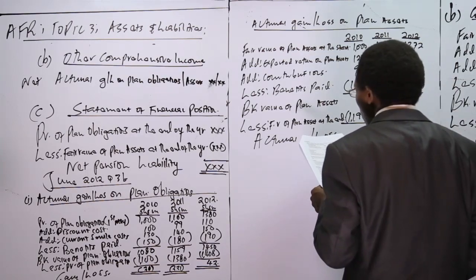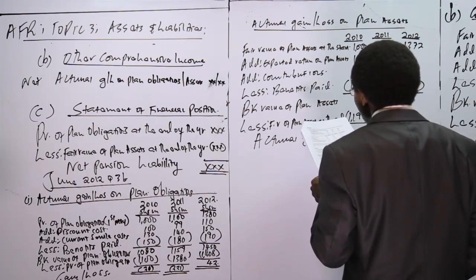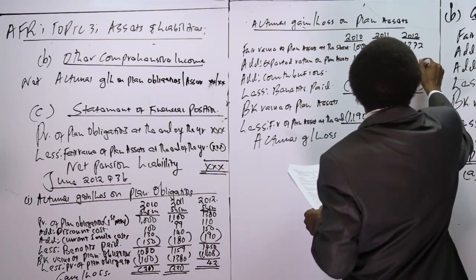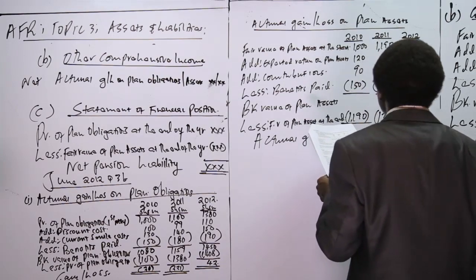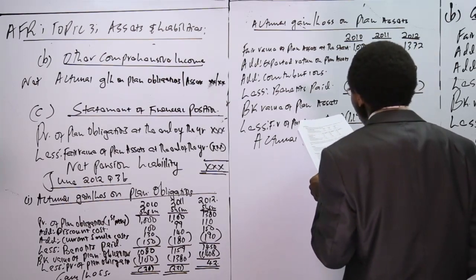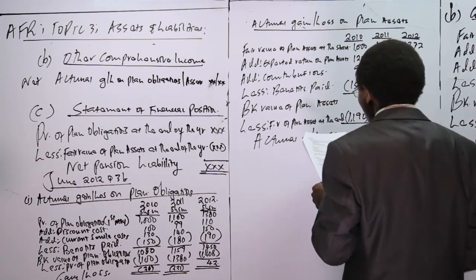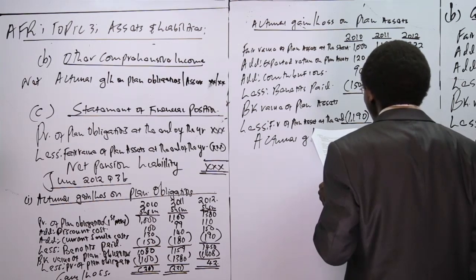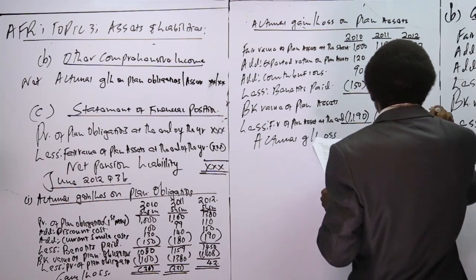Then we are talking about the contributions, which is 110. Then we have the expected return on plan assets. We are going to calculate that. The benefits paid, 190. Then the plan assets at the end, fair value, is 1188.